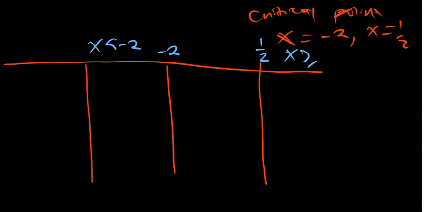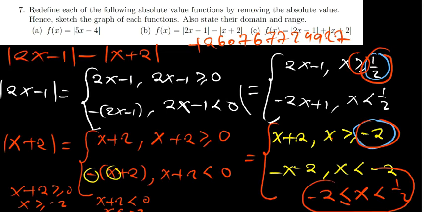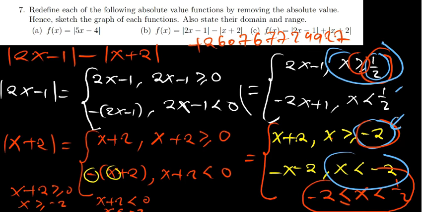I've gotten this part here. For X has to be greater than or equal to half and X has to be less than this. Now I'm remaining with this and this, which I have to put in between. One is saying X has to be greater than or equal to negative 2, but the other is saying X has to be less than half. So it's the one which I have to put in between here.